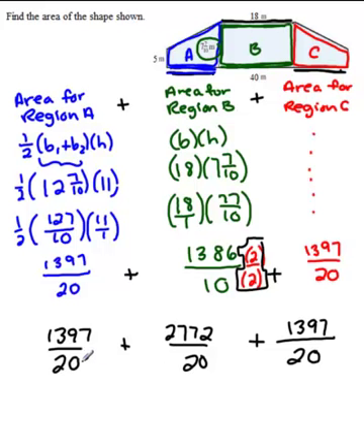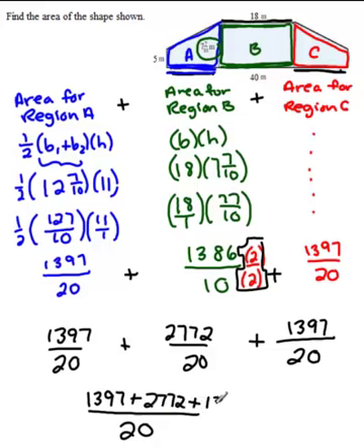Now that we have three fractions with the same denominator, I can make it a single fraction with the denominator of 20. And all I have to do is combine the numerators. I'm going to take 1,397 plus 2,772 plus 1,397 and add those together and divide by 20.